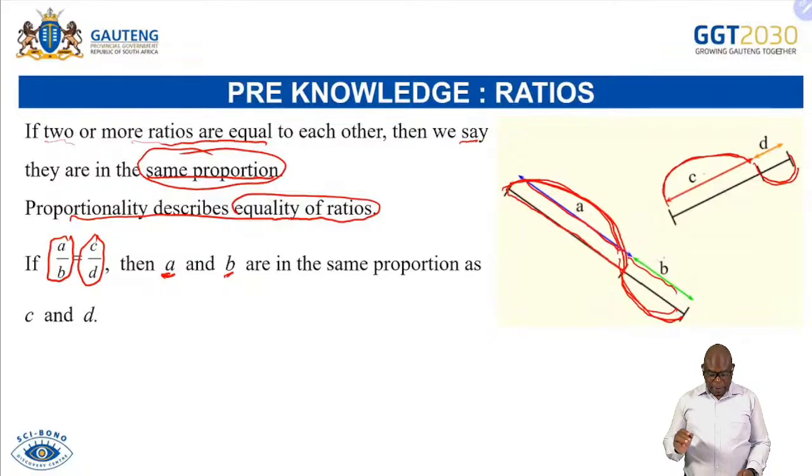We're saying these two ratios, because this one is equal to that, are in the same proportion. If they are in the same proportion, we can then play around with them. I can say A over C is the same as B over D. In the next slide, you'll see how we play around with this.